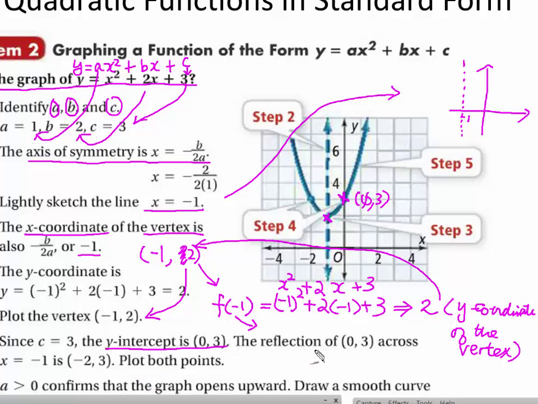And we just need one more point, the reflection of 0, 3. Because they are symmetric, if this is a distance of 1, I know this is going to be another distance of 1 right here. That's why I have negative 2, 3. By connecting all these dots, we come up with the graph right there.